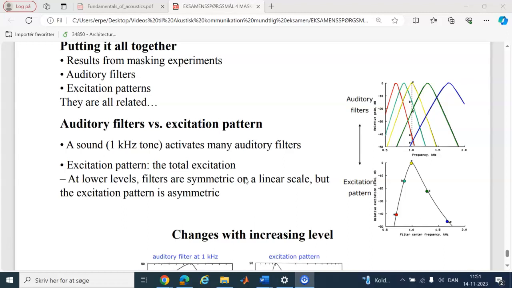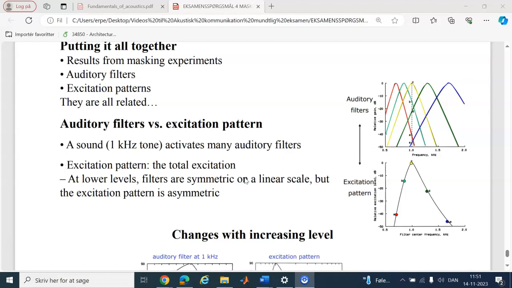Then you take a straight line upwards and find where it intersects the different auditory filters, and from that you draw the excitation pattern curve.